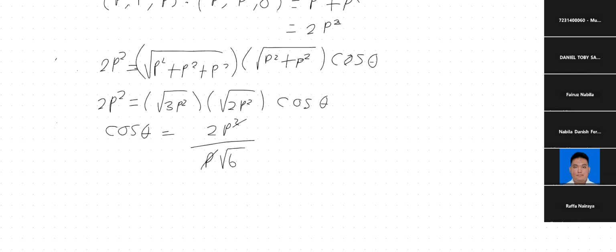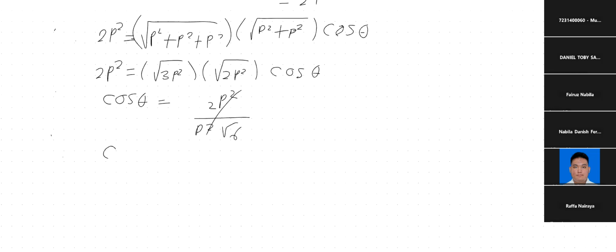Cos theta is equal to 2P squared over, the P goes out, P times P squared over 6. That is 2 over square root of 6.